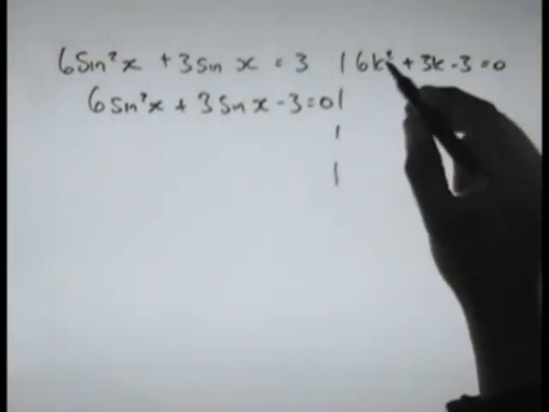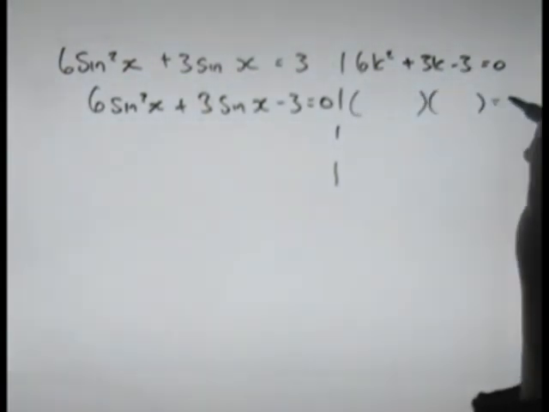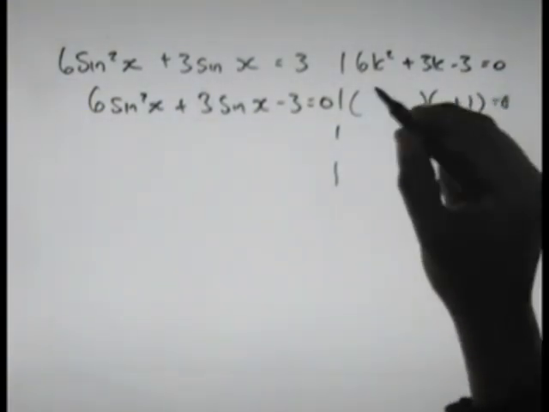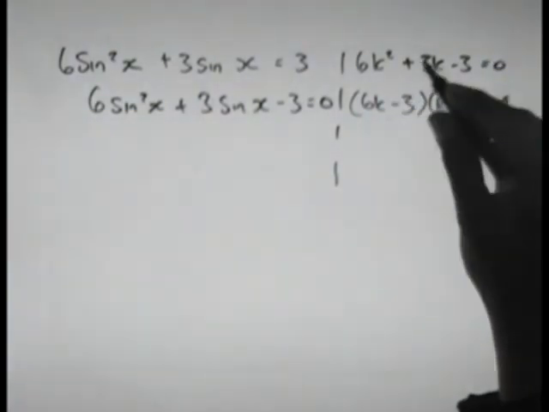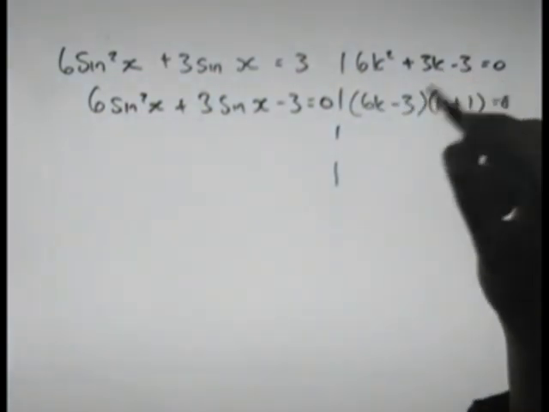Now if I factorize this, 6 times 3 is 18. Are there factors of 18 that can give us positive 3? Yes, there are. We need to get to positive 6k minus 3k will give us plus 3k minus 3, 6k times k, 6k squared.